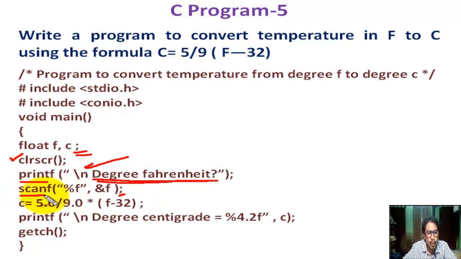By the scanf function we input the value of the variable from the keyboard when we run the program. Okay. In scanf, this is called the format string for a floating variable.